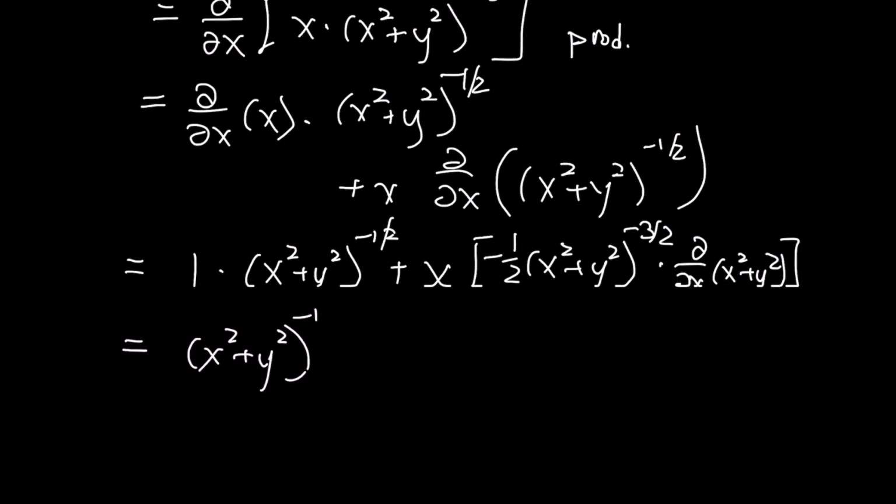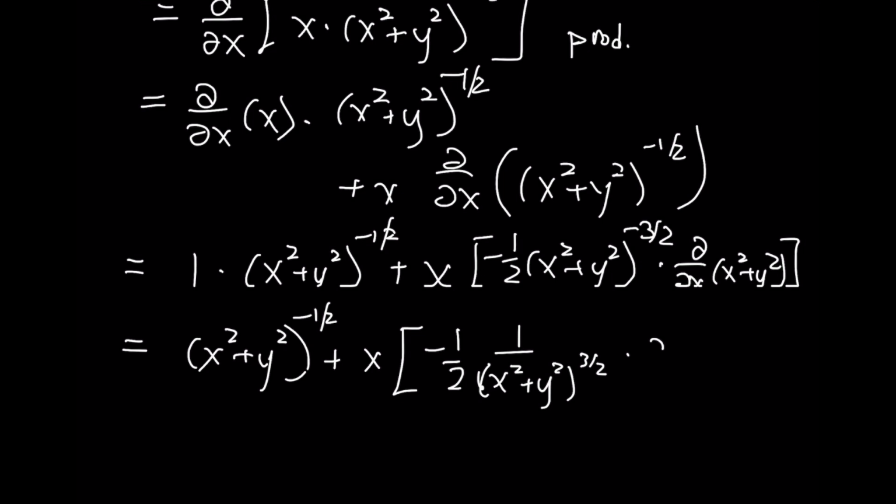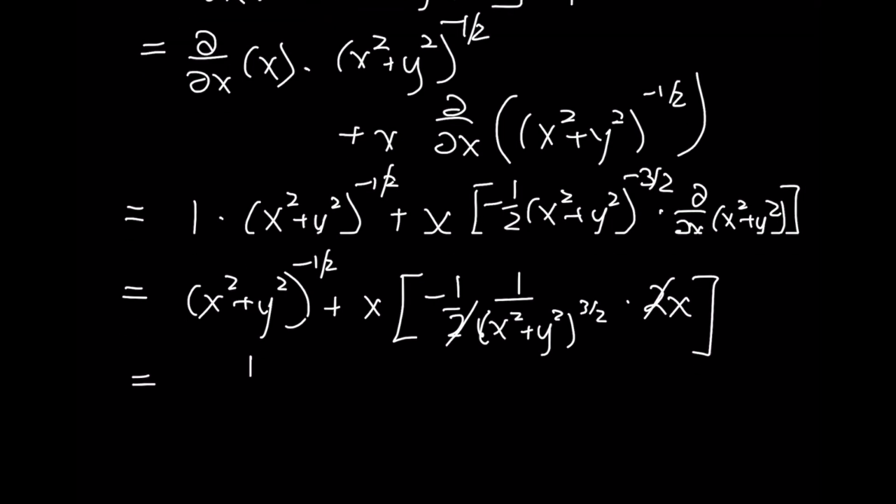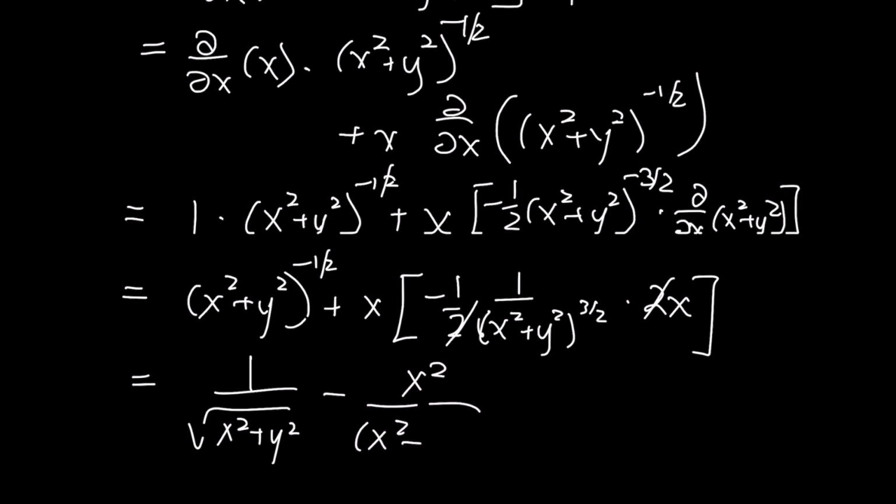I'll have an x with a big bracket here, negative 1 over 2. I'll have this stuff to the power of 3/2 in the bottom, multiplied with a 2x. These 2's will go away. I will now have 1 over the square root of x squared plus y squared, minus x squared over (x squared plus y squared) to the 3/2.